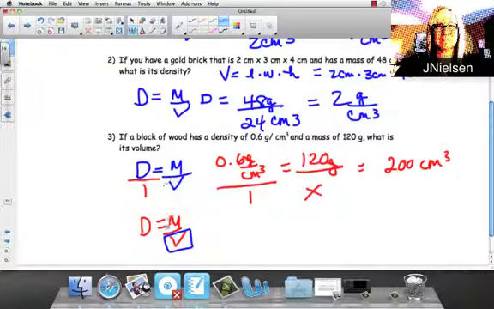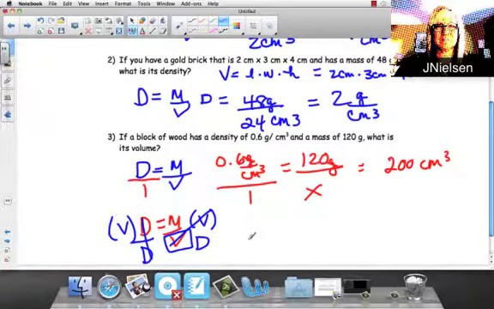Here, mass is divided by volume, so we're going to multiply both sides by volume. These cancel. But I still don't have v by itself. So to get v by itself, these two are multiplied. I'm going to divide both sides by d. d divided by d cancels.